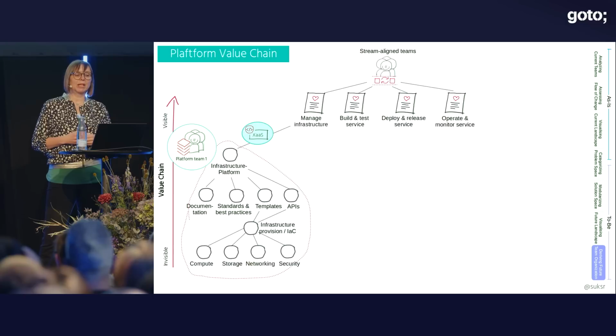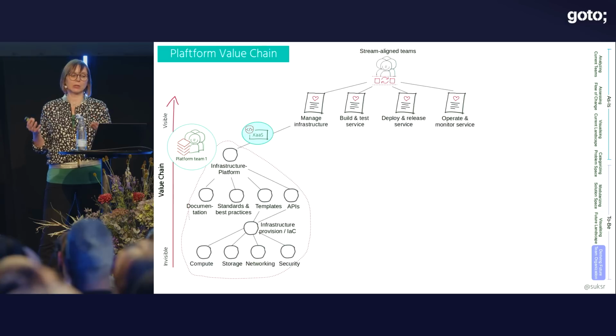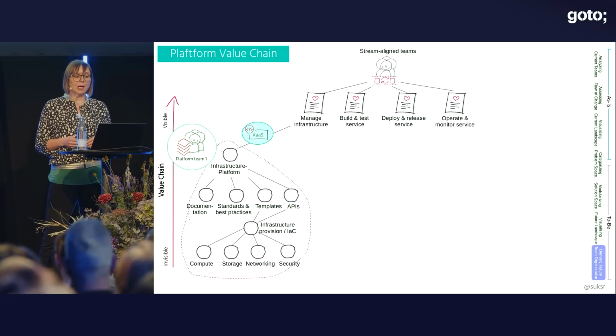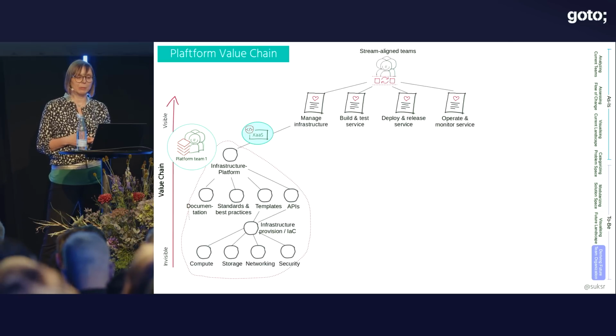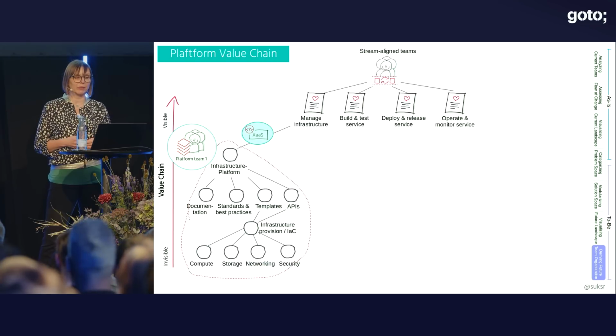So switching to the platform value chain makes the streamlined teams become the internal customers of the services that the platform teams provide. And the streamlined teams have the user needs of provisioning and managing infrastructure, building and testing, releasing, deploying, operating and monitoring the services or bounded contexts they are responsible for.